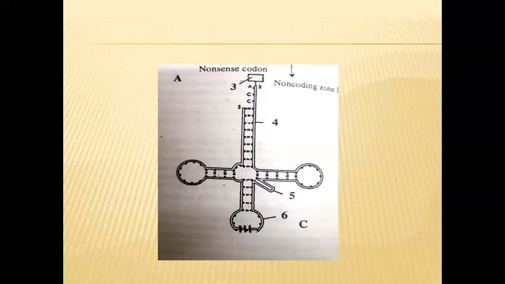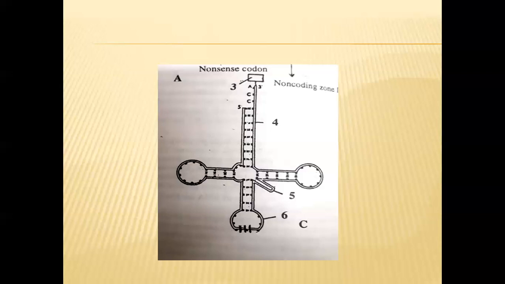These are CCA, and here is the amino acid binding place. The loop which is present opposite to the tail has 3 unpaired bases, that is called the anticodon.